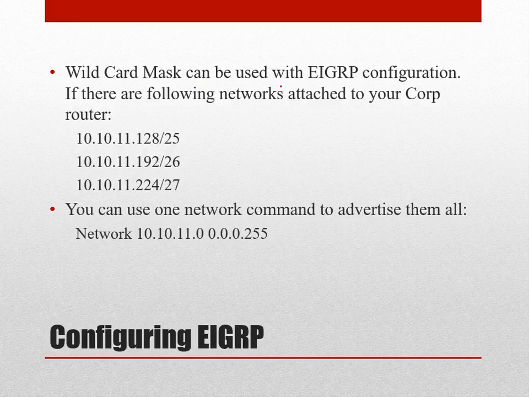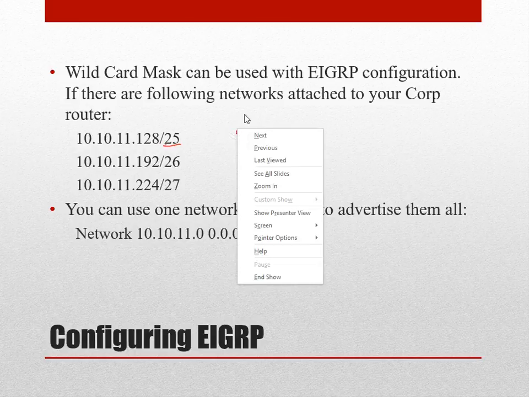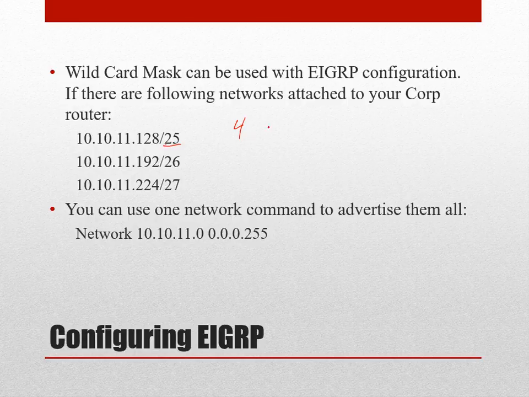You can use a wildcard mask if you want to, and back to that subnetting thing, the increment, if we had an increment of 4, for instance, then the wildcard mask is the increment minus 1. So if we had a /25, which would be 2, 4, 8, 16, 32, 64 would be the increment, right?